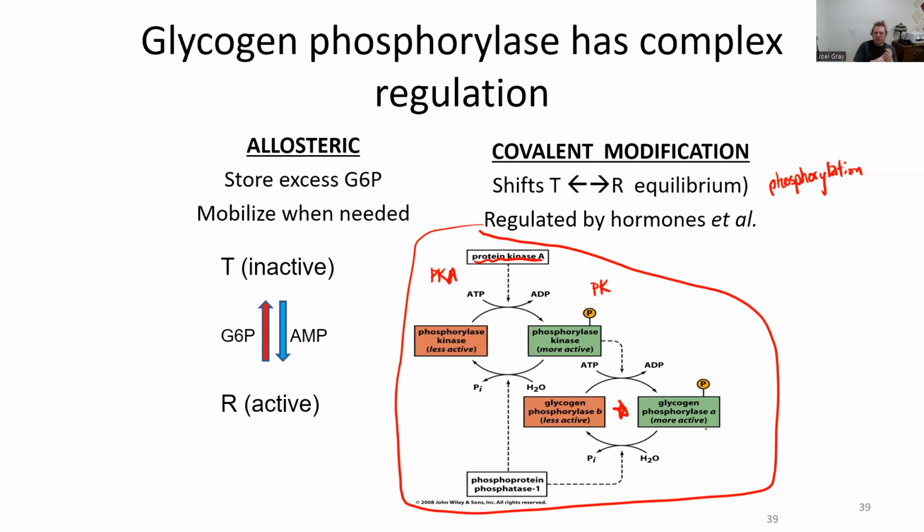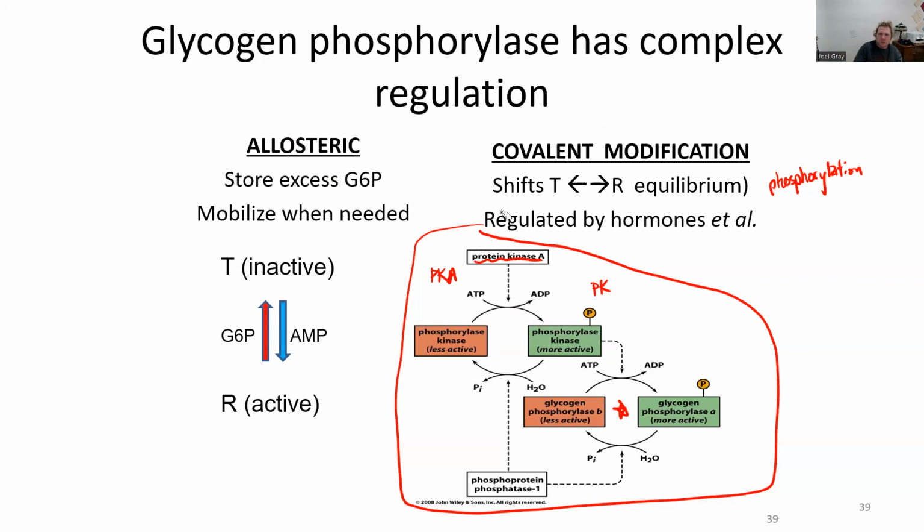This is basically a nice little light switch: as soon as protein kinase A is activated, there's a sequence of events that lead to glycogen breakdown. Anything that leads to the opposite of any of those things is going to lead to preservation of glycogen. So there's one of the ways in which glycogen phosphorylase is going to be regulated.